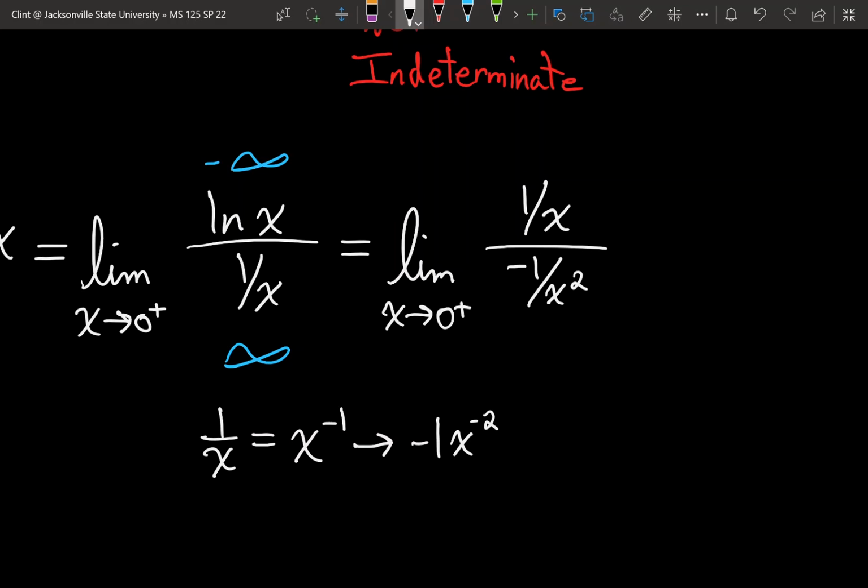So now we've got a little algebra rearranging to do. That looks like it hasn't helped, because this one's infinity, this one's negative infinity. But what can we do?